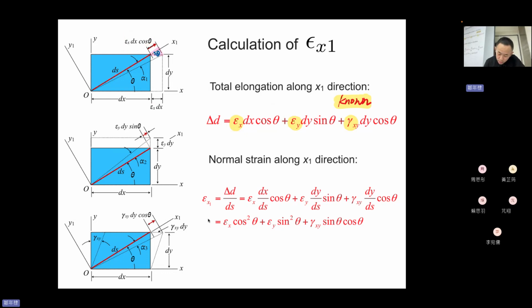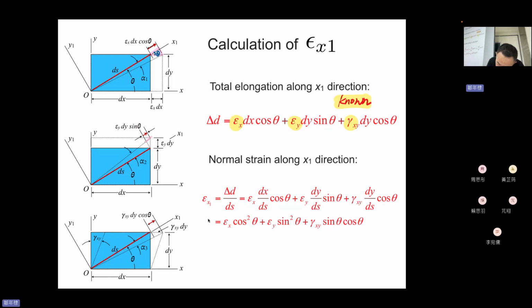How about the next one? The epsilon y dy. So this stress element under the epsilon y along the y direction becomes this. And this point and that point in the x1 axis have this little tiny red arrow. What is the red arrow value?